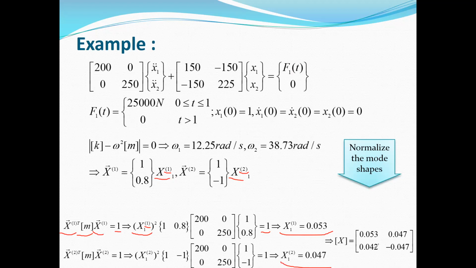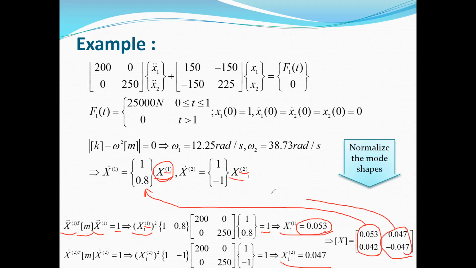And now the modal matrix, in which the first column is the first mode shape vector. Of course, instead of x with superscript 1, we substitute 0.053. And the second column of this matrix is the second mode shape vector, which is 1 and minus 1.